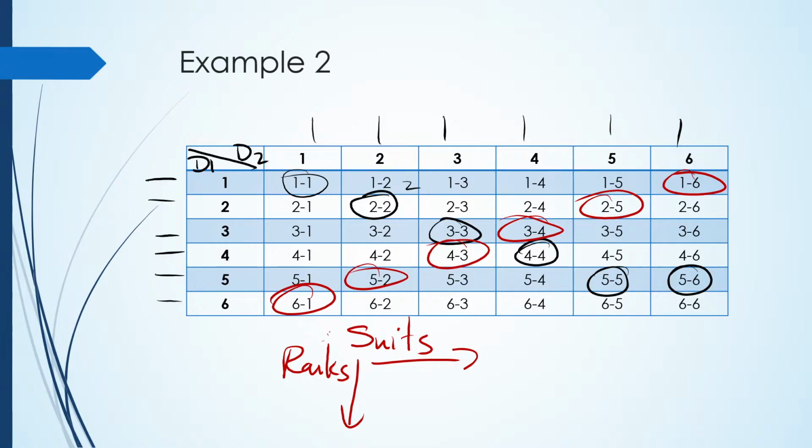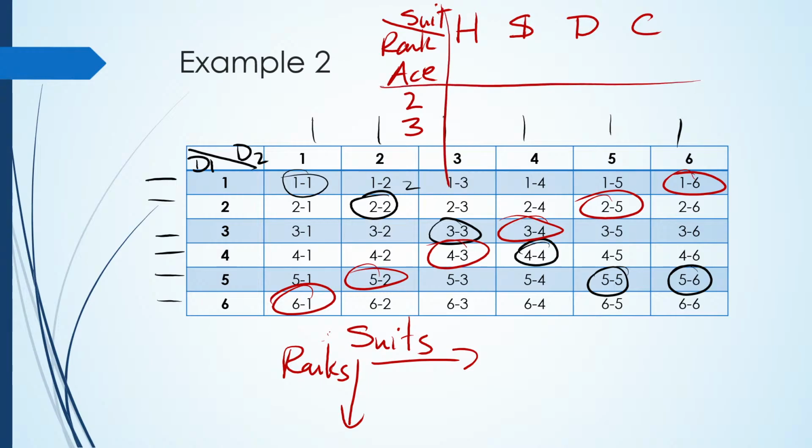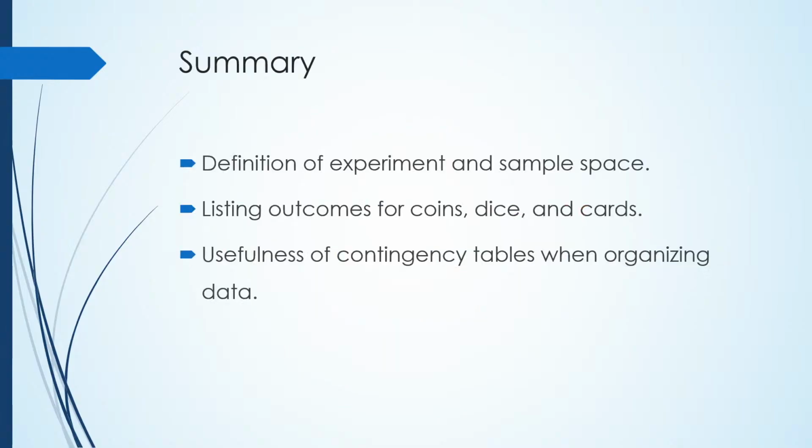You'd have your heart, your spade, your diamond, your club, and then you have your ranks going down. So this is suit, rank, ace, 2, 3, and so on. You'll have the ace of hearts here, and your ace of spades here, and so on.